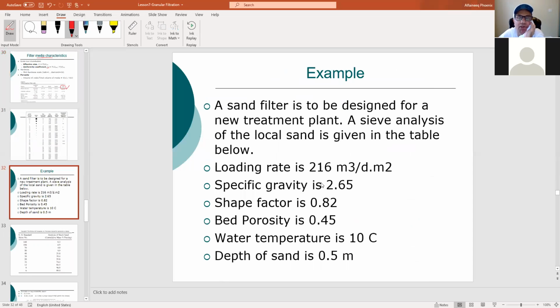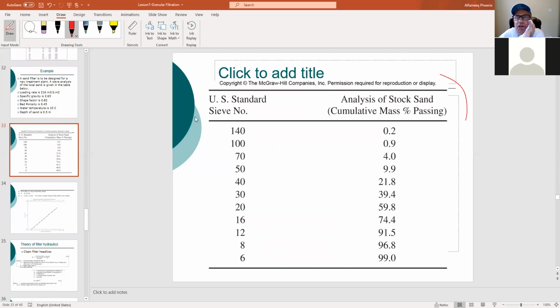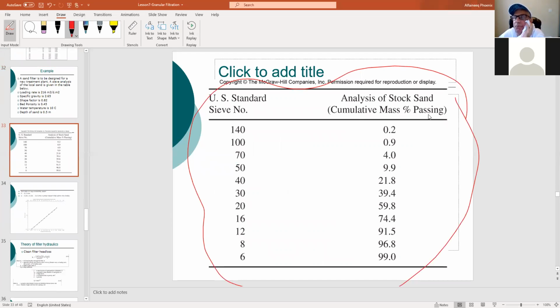There is an example here. If you would like, you can follow, but you need the sieve analysis. Here is the sieve analysis: cumulative mass passing, you remember that, and each sieve number has its own diameter. This is the graph.